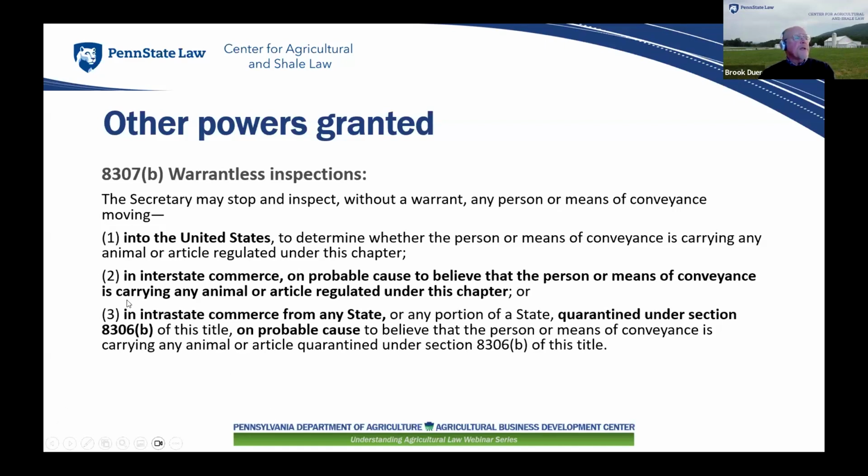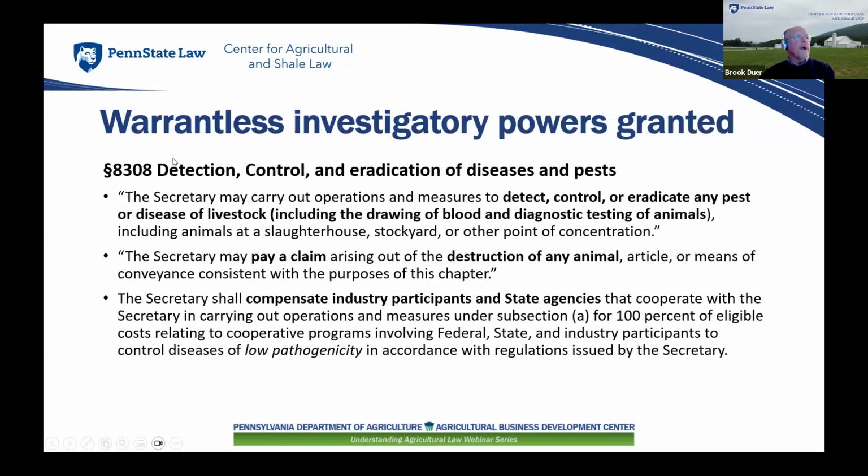So that too is interstate, and then intrastate for number 3, when something is already subject to a quarantine order. Sorry, I didn't cover that so well, but just so you're aware it's there. Warrantless investigatory powers, that prior screen was for detections of various violations. This is just for testing, et cetera. The full scope of investigation authority.